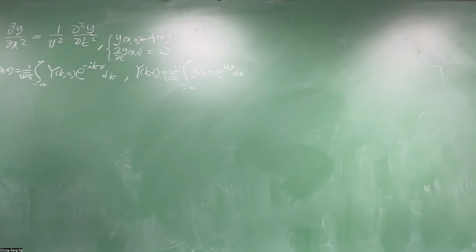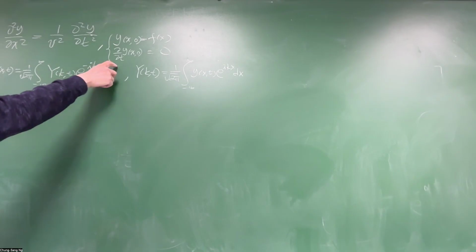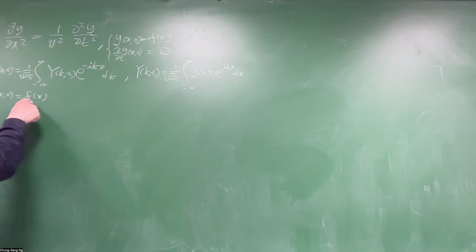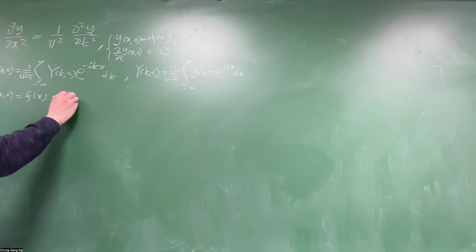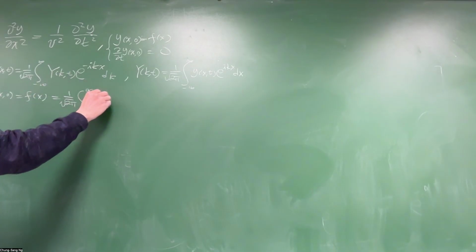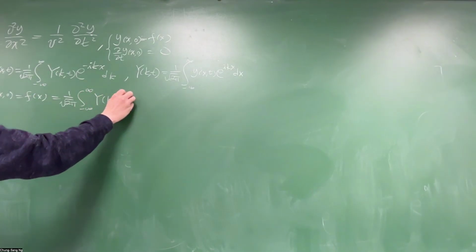And so for the initial condition, you can do the same thing to evaluate it at 0. So t equals 0, you just change that to 0. So y(x, 0) equals f(x). The initial condition f(x) is like the inverse transform of the transform at 0.